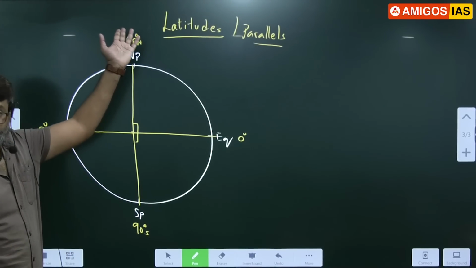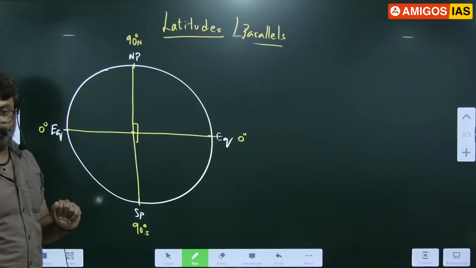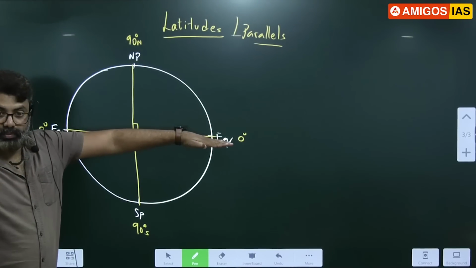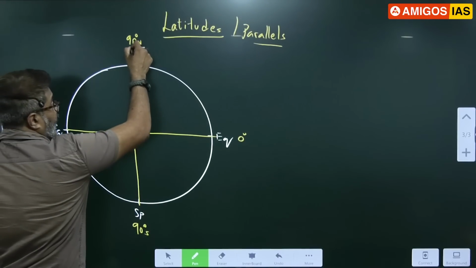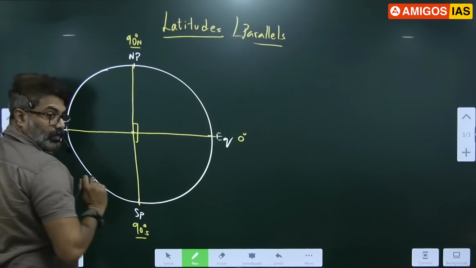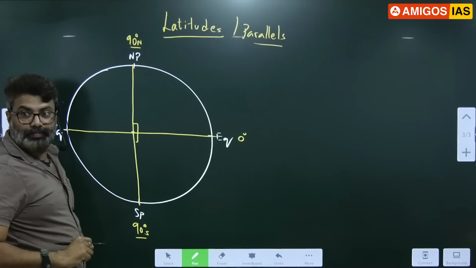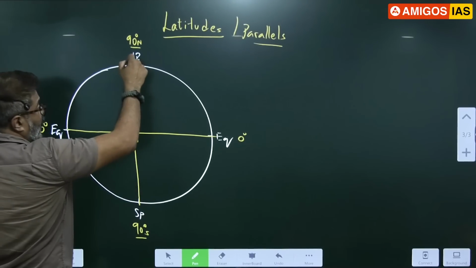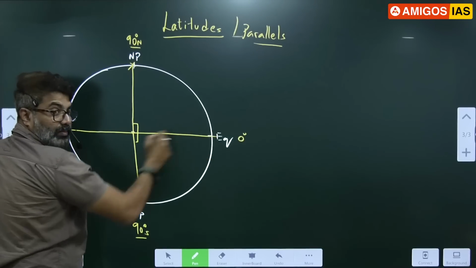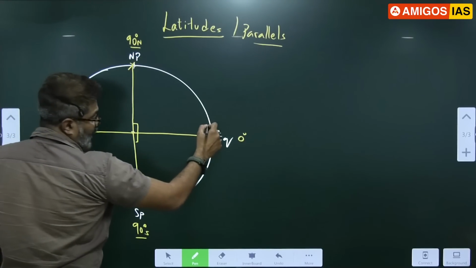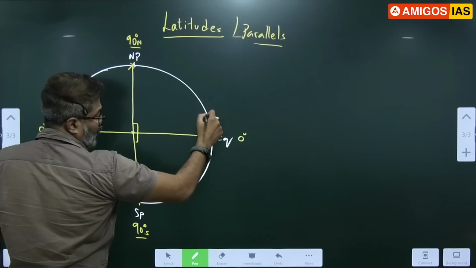If it is north, you write N. If it is south, you write S. 0 is just 0. So 90 degree north and 90 degree south are what? Angle. Angle formed by this place with respect to the center and equator. Okay, let's take another point.